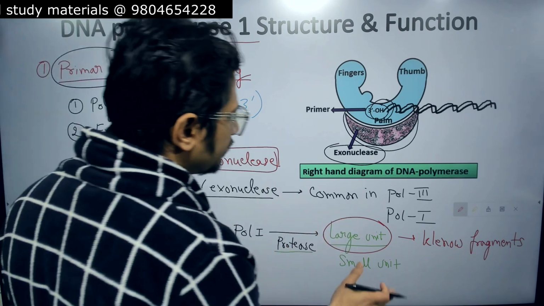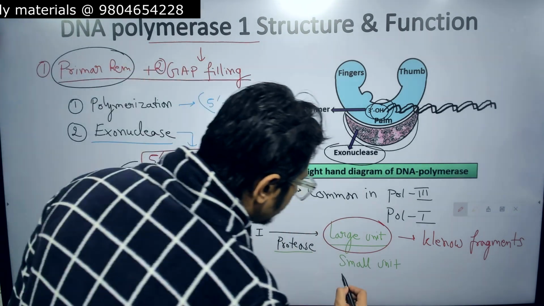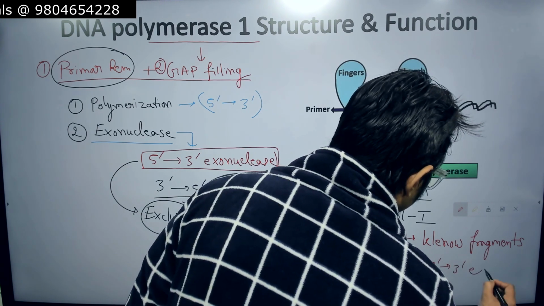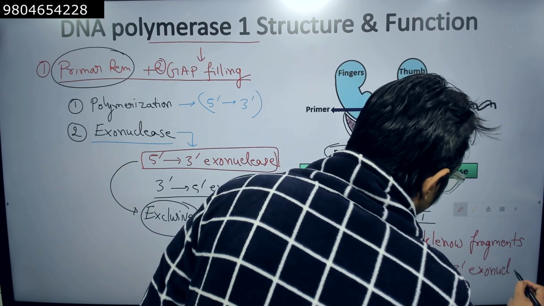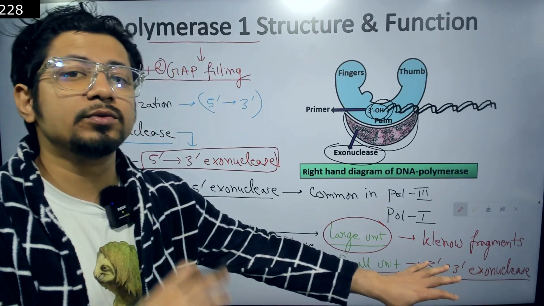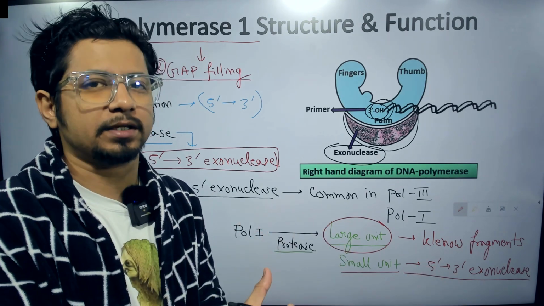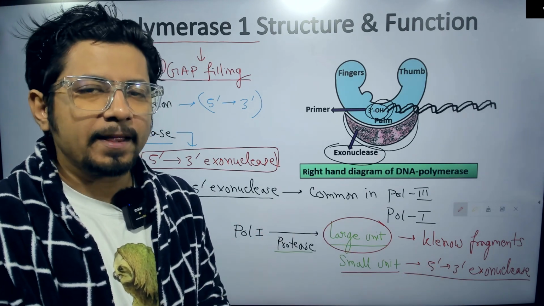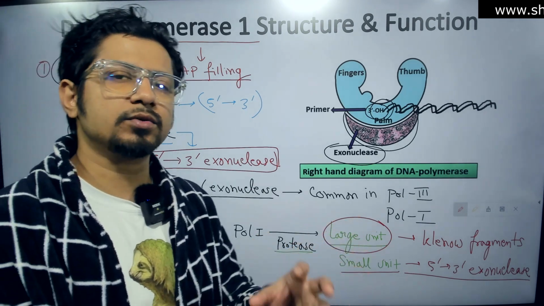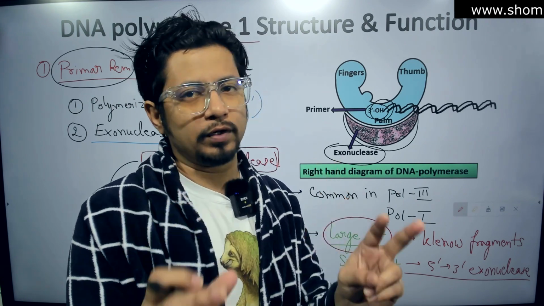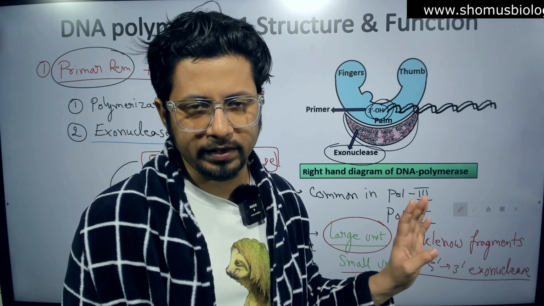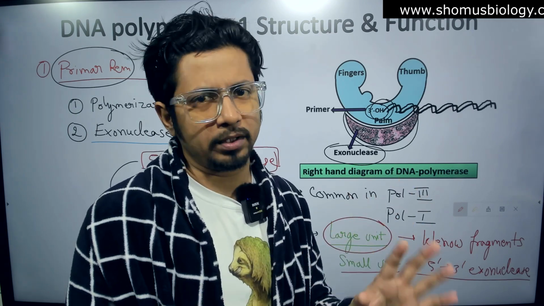Now the large and small unit, what's the difference between the two? The small unit that gets separated carries the 5' 3' exonuclease activity. So this unique 5' 3' exonuclease activity is provided by a different subunit, which gets separated the moment we treat this Pol 1 with protease, and gives rise to a large subunit which carries two functions: 5' 3' polymerization and 3' 5' exonuclease activity, like other polymerases such as DNA polymerase 3.